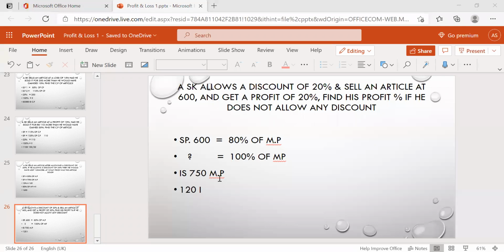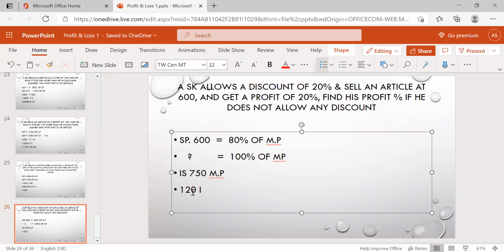75. Okay, this 120% is nothing but 600. So what they gave in the problem, first of all, is that he gets a profit of 20%, so 120% equals 600 rupees.